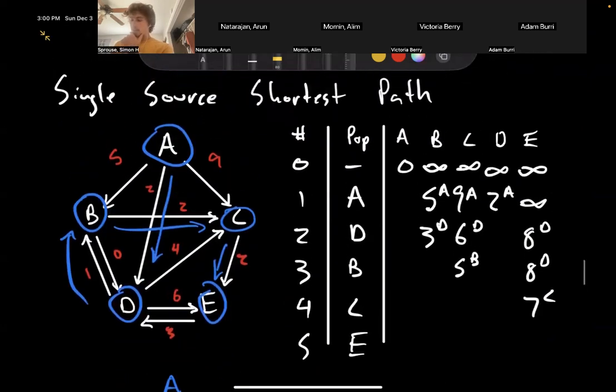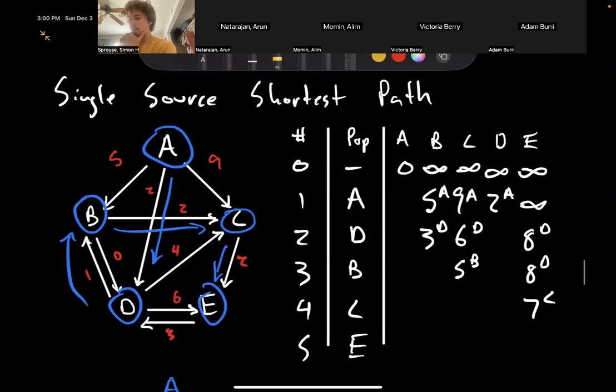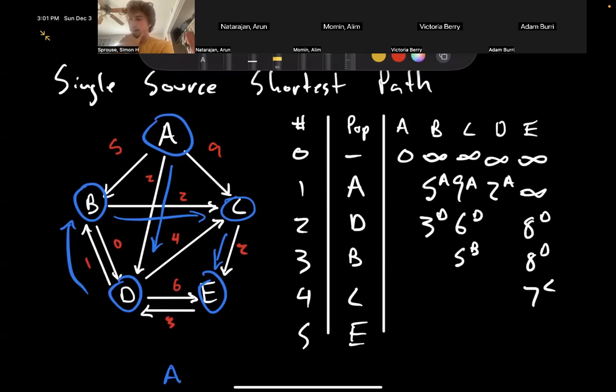So some test questions that I could foresee being on a test would be like, given this graph, run Dijkstra's by hand, which I think you should be prepared to do. Or, assuming we couldn't see the graph, what is the shortest path from A to B?